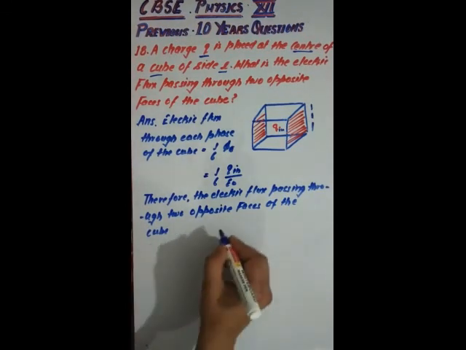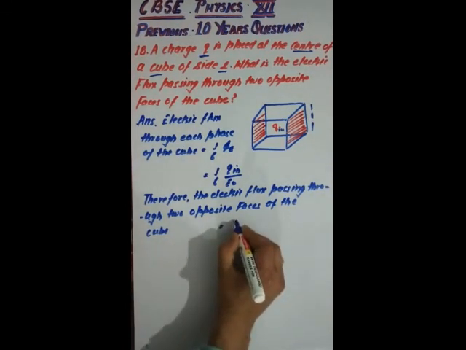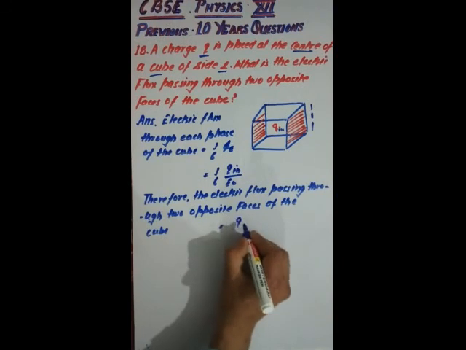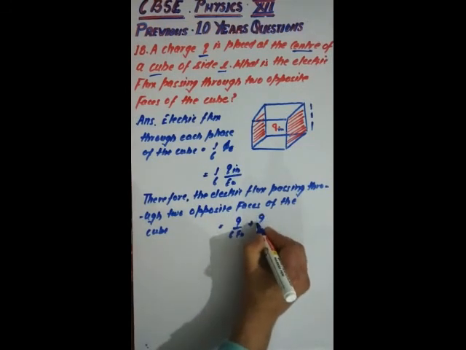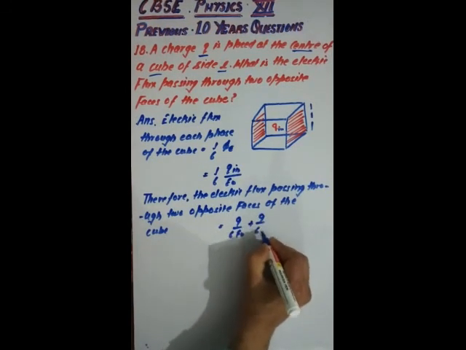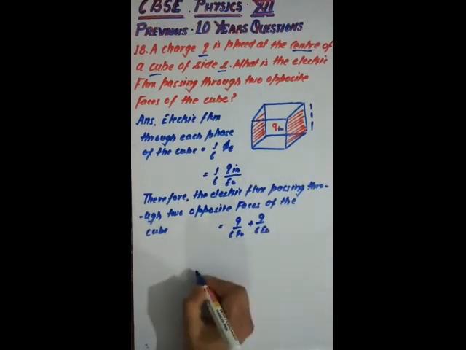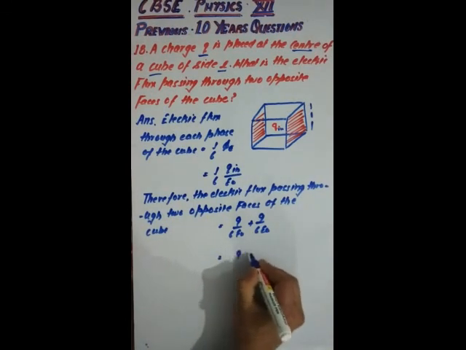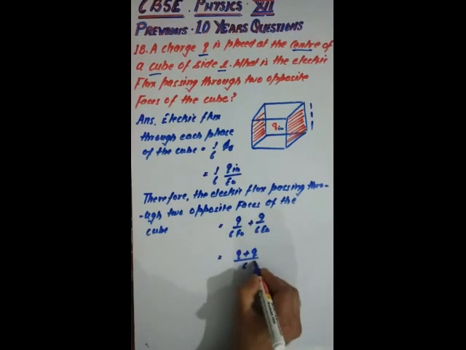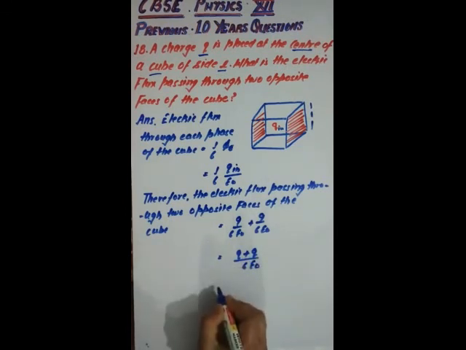If there are two faces, we have to find out, then in one face it is Q upon 6 epsilon naught. In second, Q upon 6 epsilon naught. Here it will become Q plus Q upon 6 epsilon naught.